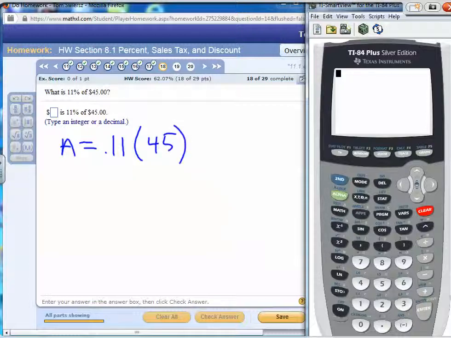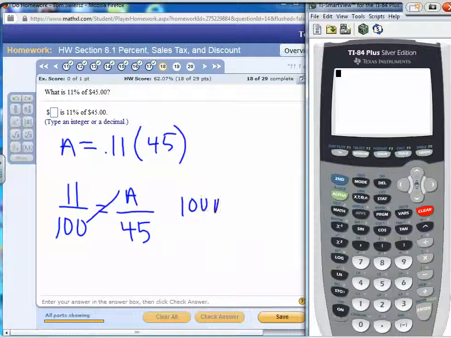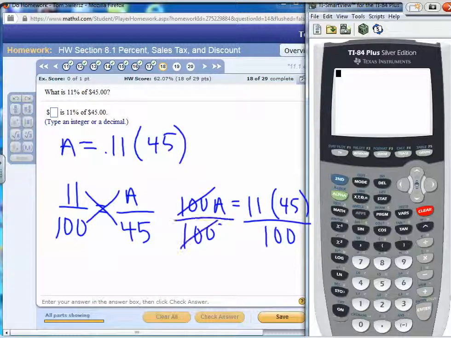A lot of these problems you can set up as a proportion too, though I've been solving with an equation. 11% is 11 over 100. We're missing the amount, so the amount A goes in the numerator over 45. Cross multiply: 100A equals 11 times 45. Then divide both sides by 100 to solve for A. The hundreds cancel, and A is 11 times 45 over 100, which gives you the same correct answer as 0.11 times 45.